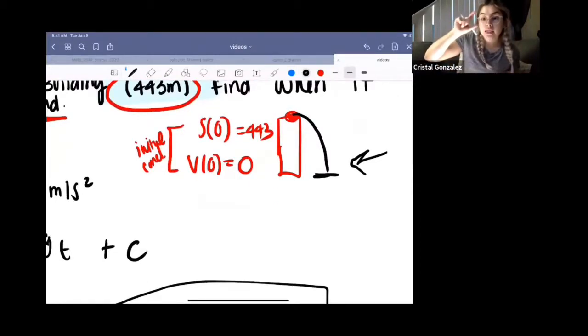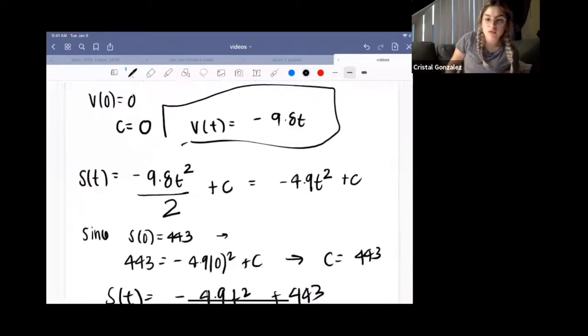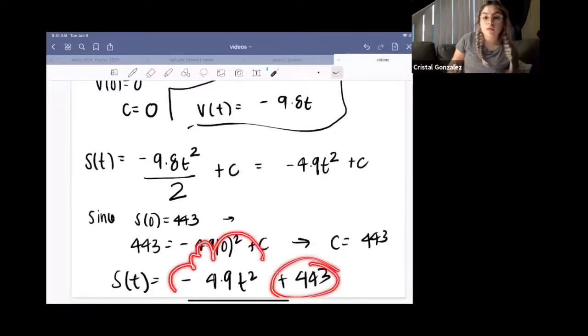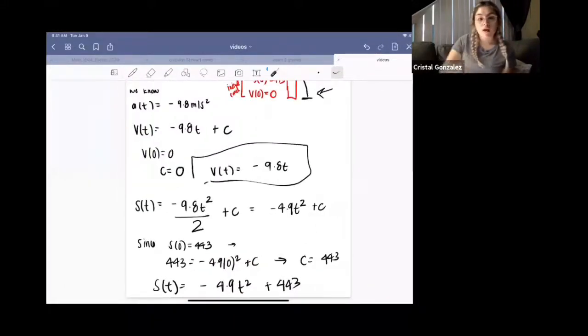And my height here is 443. Well, that's all your position function is: a parabola going downward, shifted up to 443, but then we're considering how it's changing due to gravity. So that's what our S of t is.